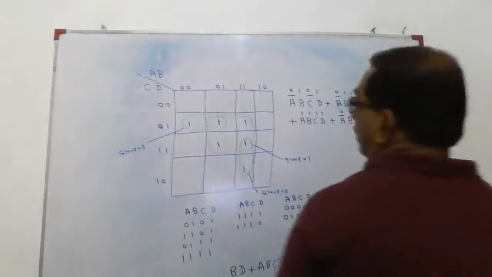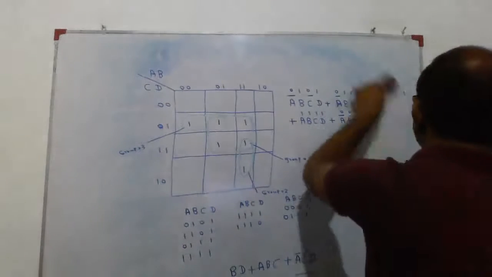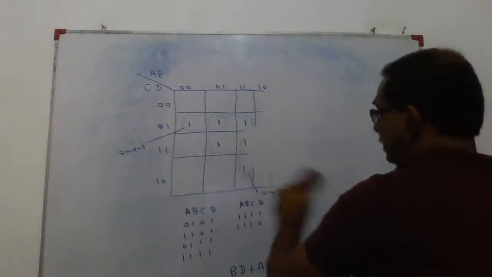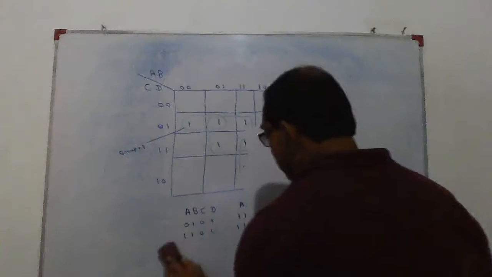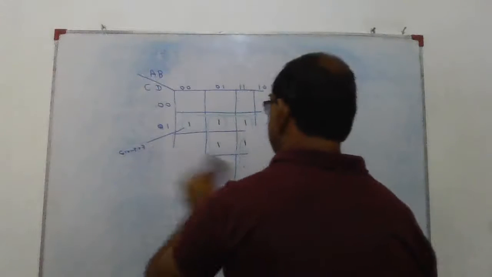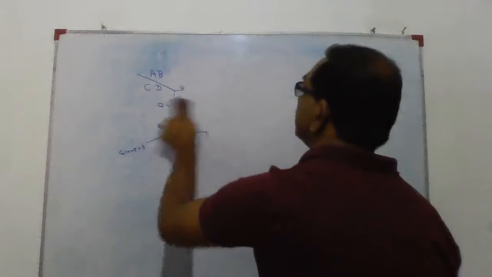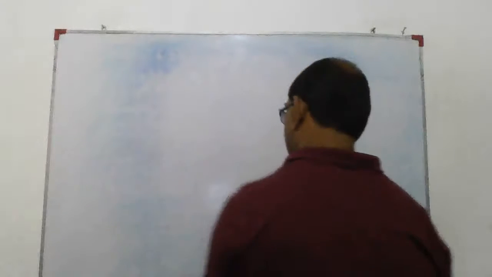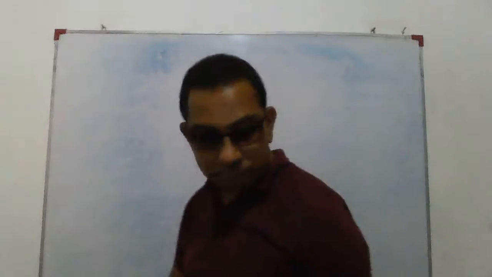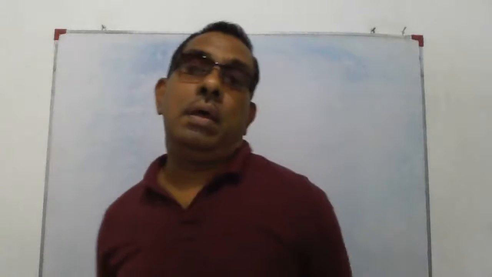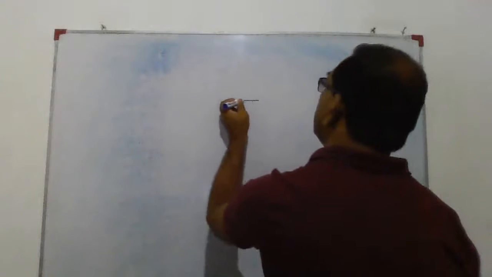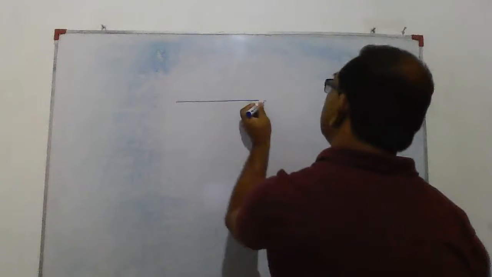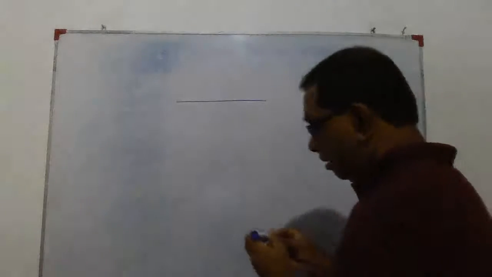Right. So I erase it. I take 4 variable or 2 variable, 3 variable K maps, but it is better I have some examples to show you.